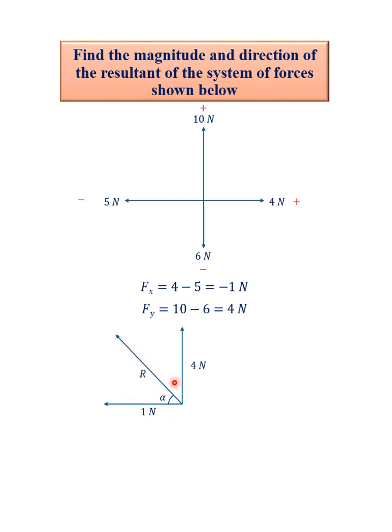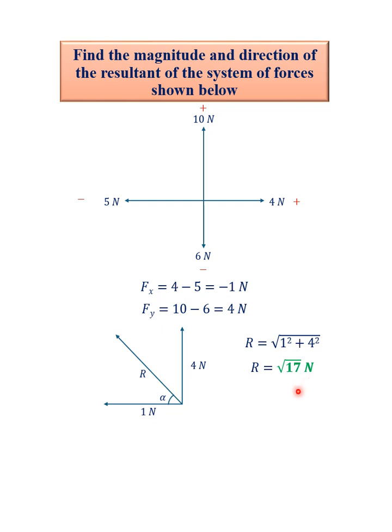So you can use Pythagoras theorem to obtain R, and from Pythagoras theorem, R is equal to the square root of the sum of 1 squared plus 4 squared, because those are the two forces. 1 squared is 1, 4 squared is 16. 16 plus 1 gives us 17. So R is equal to the square root of 17 Newton. This is a surd. We can express this in decimal fraction, but we cannot simplify more than this. So the resultant is root 17 Newton.